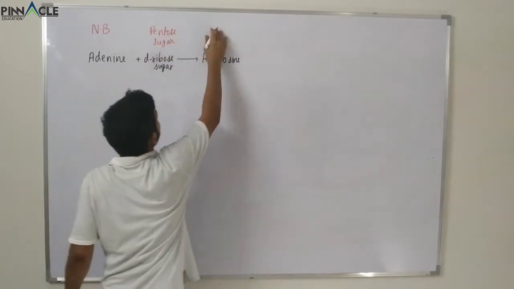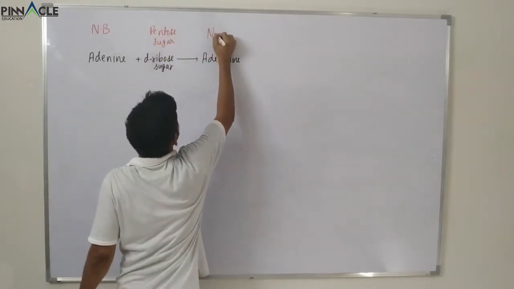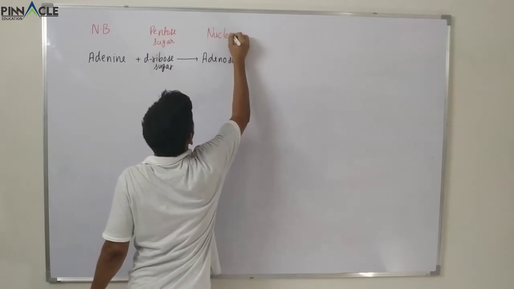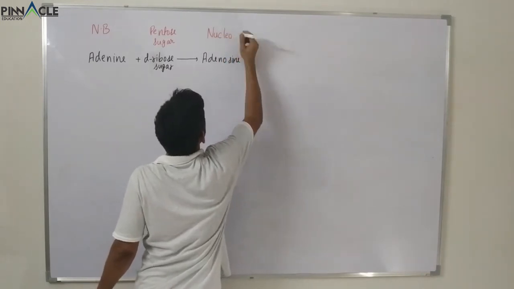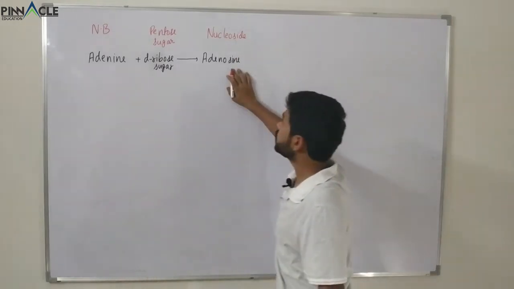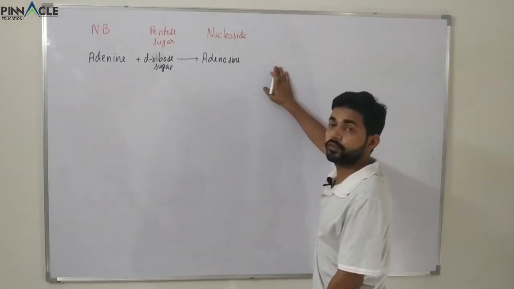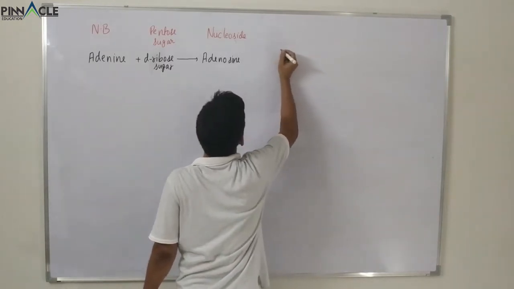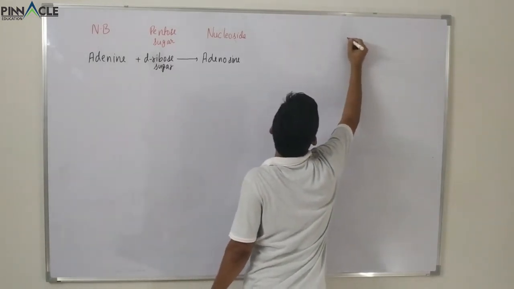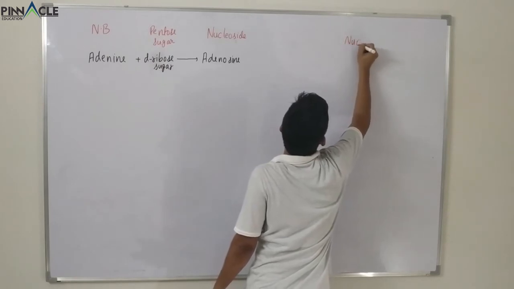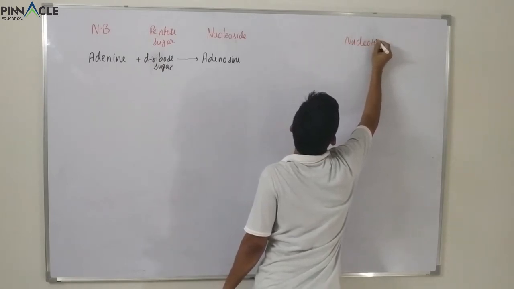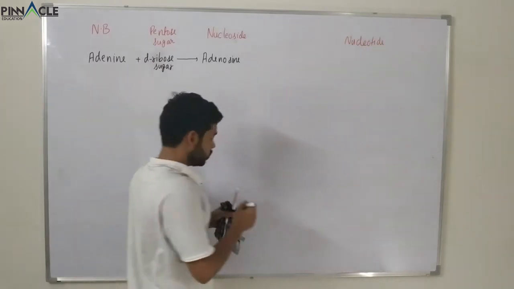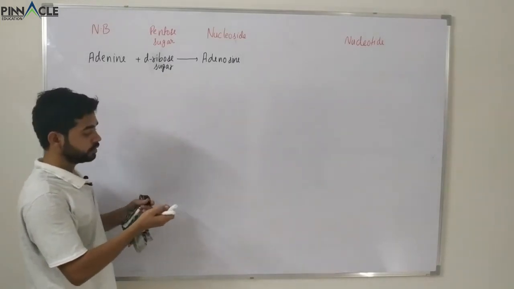And this is called a nucleoside. When this nucleoside combines with a phosphate group, it forms a nucleotide. So this is how these structures are made and how they are named.